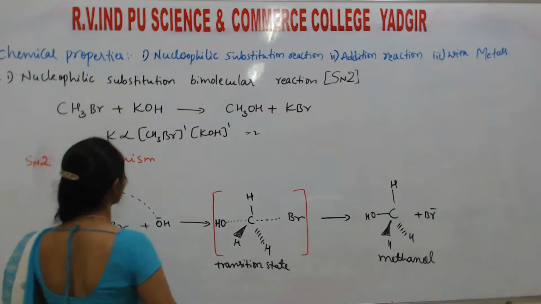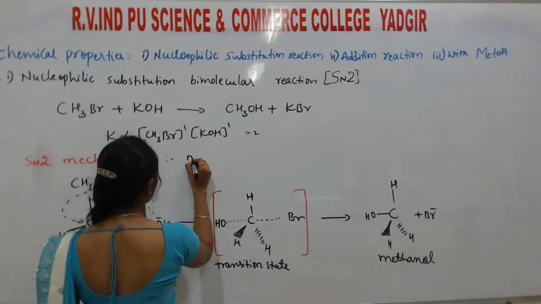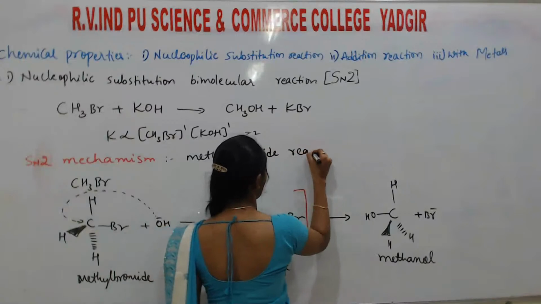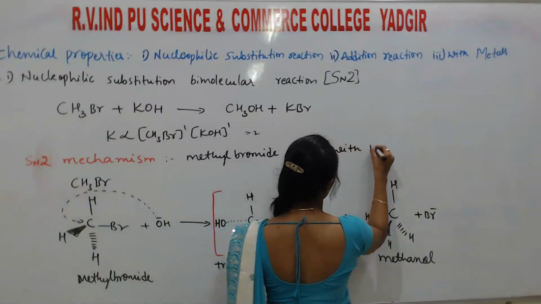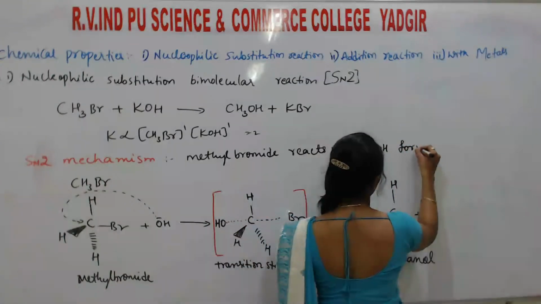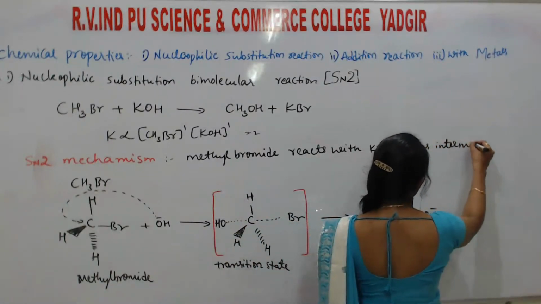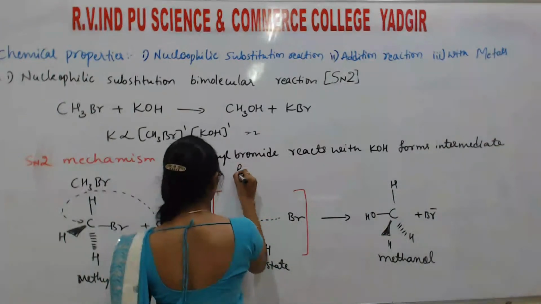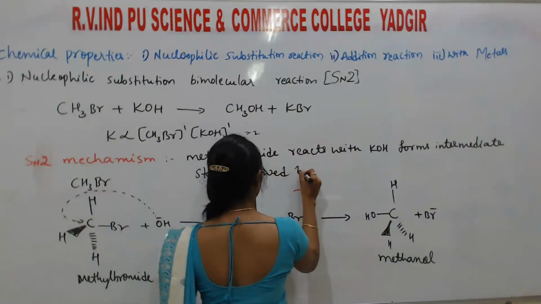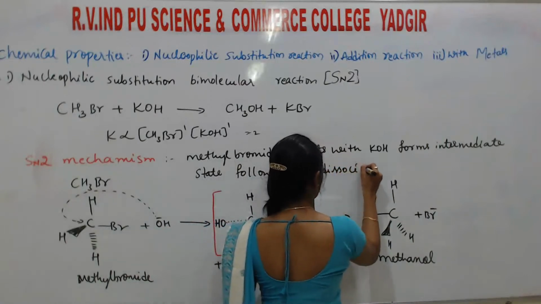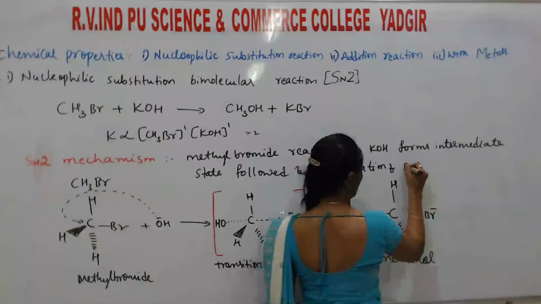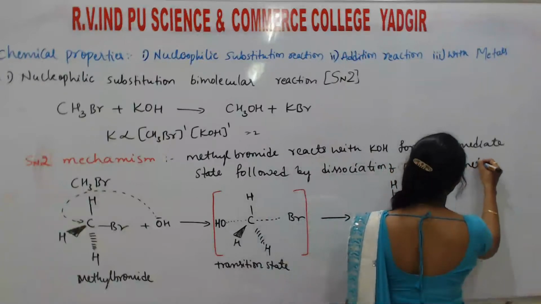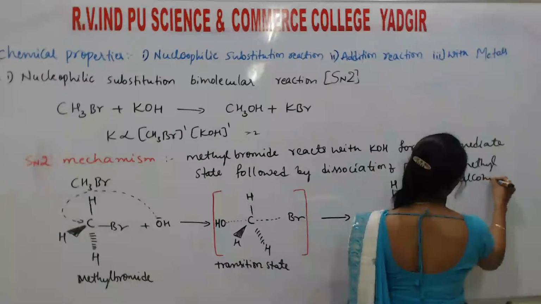Okay, how to write this, students? The explanation for this is: methyl bromide reacts with KOH, forms intermediate state, followed by dissociation of Br minus, gives methyl alcohol.